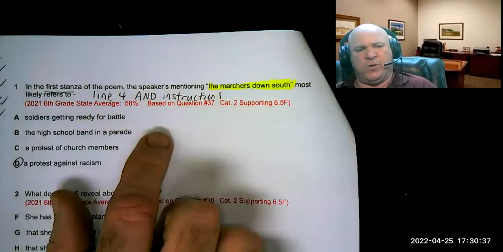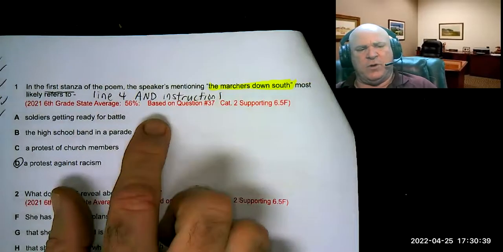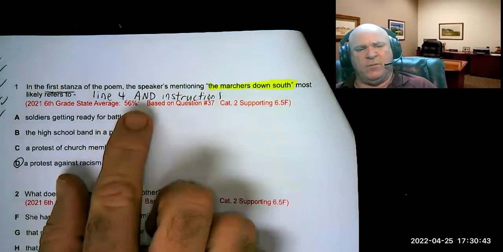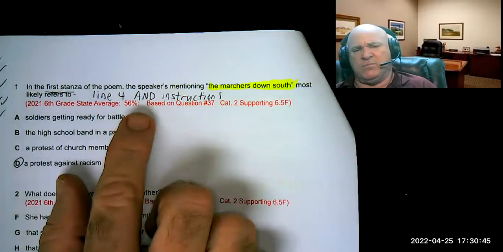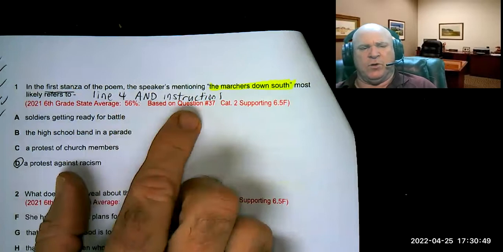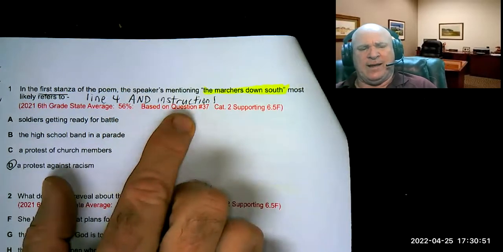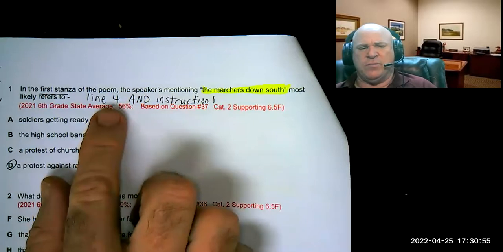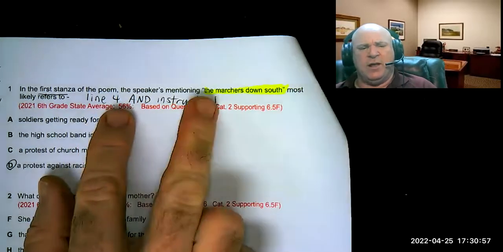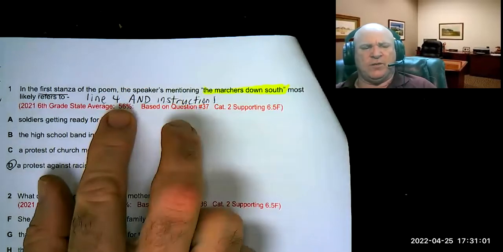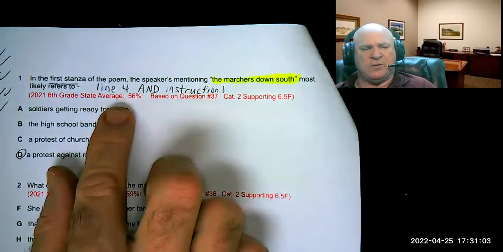And a question like this one, question 1: in the first stanza of the poem, the speaker is mentioning the marchers down south, most likely refers to. So we're going to look at line 4 because that's where the marchers down south is mentioned in stanza 1, and the instructions, to find out which of these four marchers down south could it be.